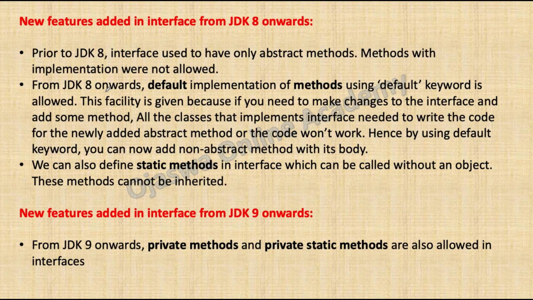Now try to understand why this feature was added. Prior to JDK 8, interfaces used to have only abstract methods and methods with implementation were not allowed. So let us take an example of interface Animal. Interface Animal has some abstract methods.